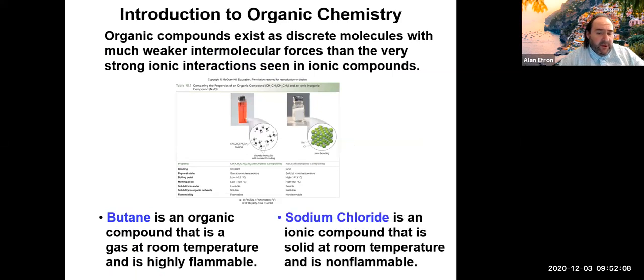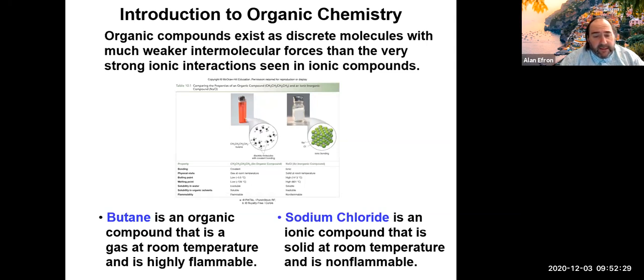There is a difference between organic molecules and inorganic molecules, things like, say, sodium chloride, which is an ionic compound. Something like sodium chloride is held together by very strong intramolecular forces, the electrostatic attractions.